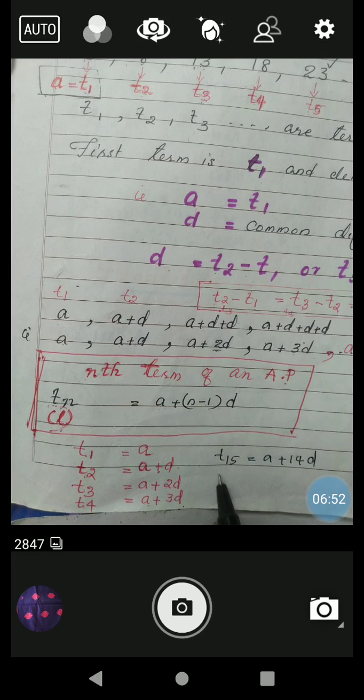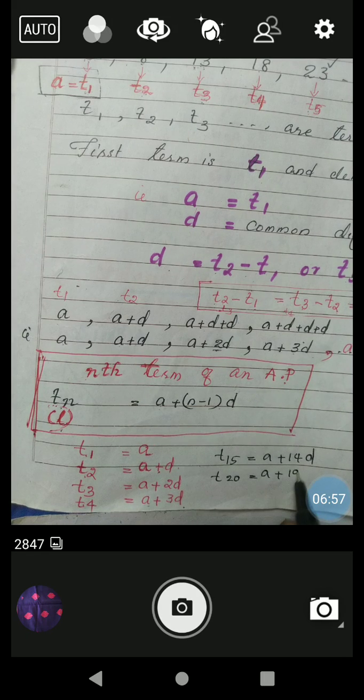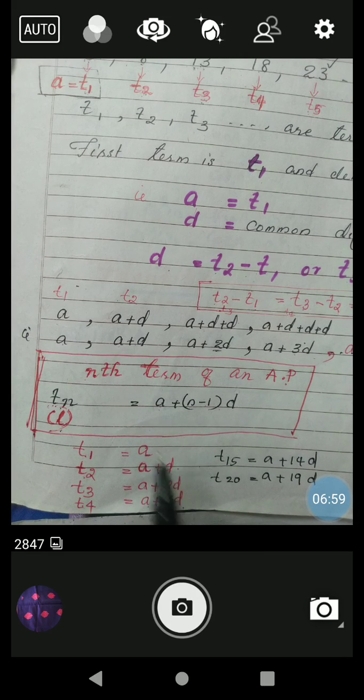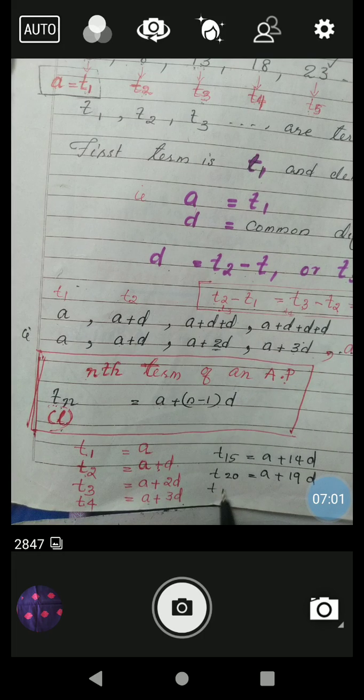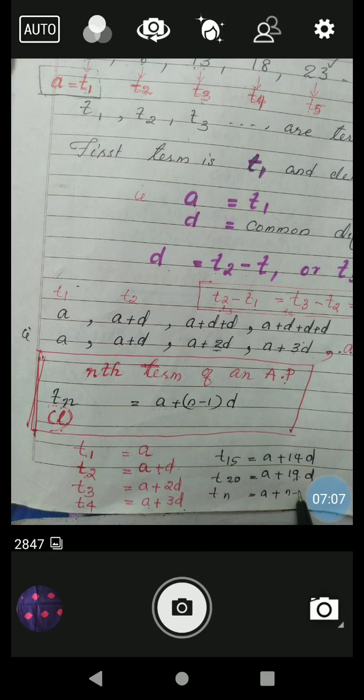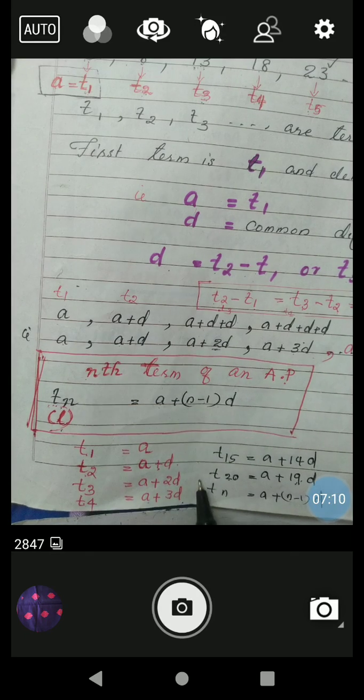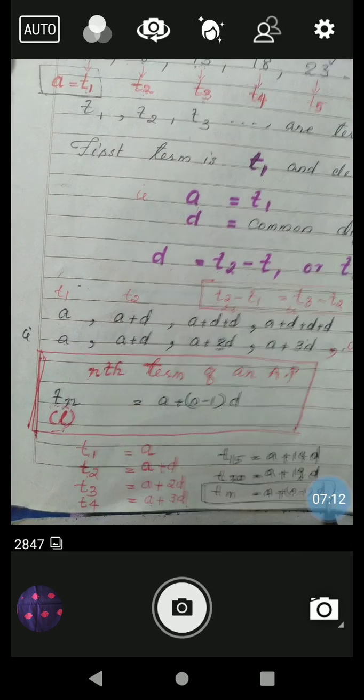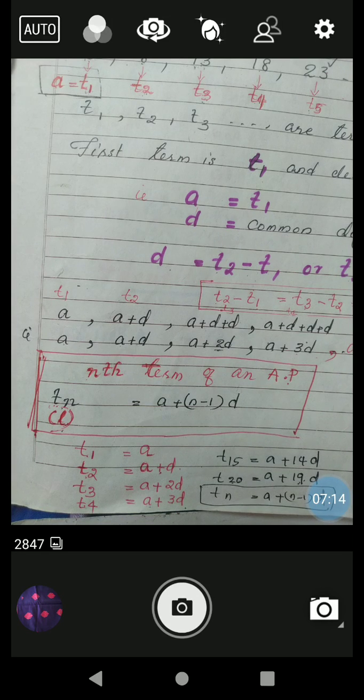Like this. T20 is equal to A plus 19D. Similarly, Tn is equal to A plus n minus 1 into D. In this way, we can generate a formula.